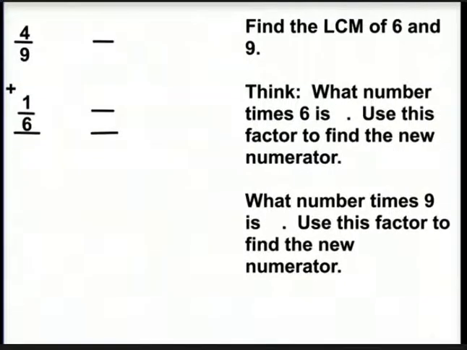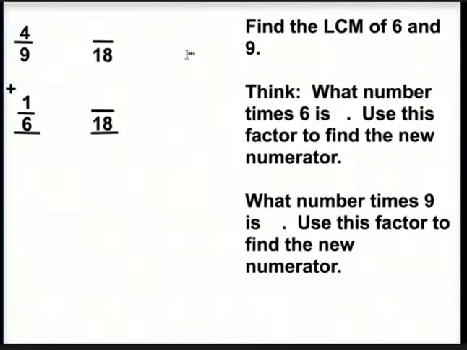4/9 and 1/6. And you're going to be adding. So pause the video here while you determine your common denominator, and then come back in once you get that. Okay? So, I know that you looked at this and you thought, okay, my 9 table and my 6 table, common denominator, the first multiple they share is 18.